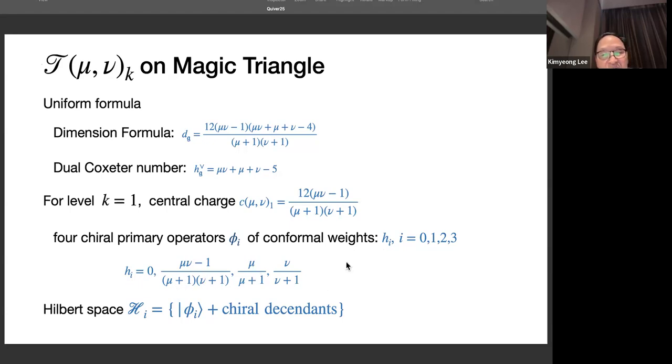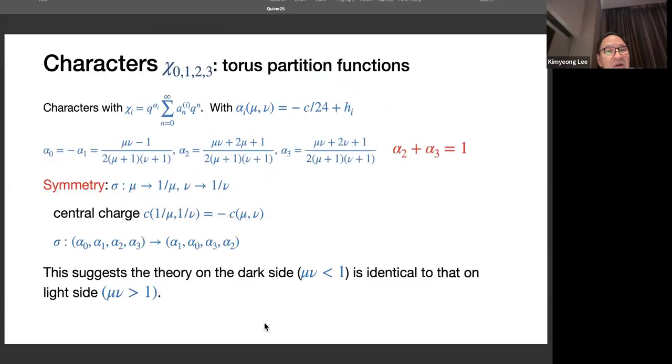So with mu and nu, I goes from 0, 1, 2, 3: the vacuum character, and then there are 3 more characters. The Hilbert space is of course made of, for each primary operator, the primary plus its chiral descendants. Now, the characters, which are the torus partition function for each Hilbert space, we can expand, because it's a trace of q to the L0 minus c over 24.